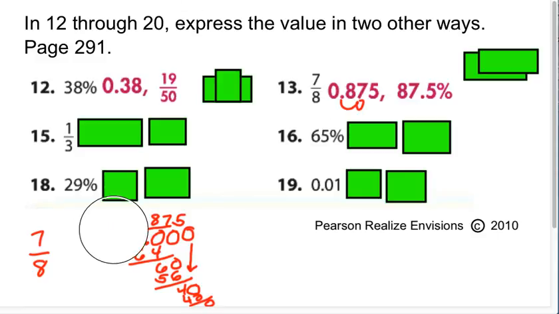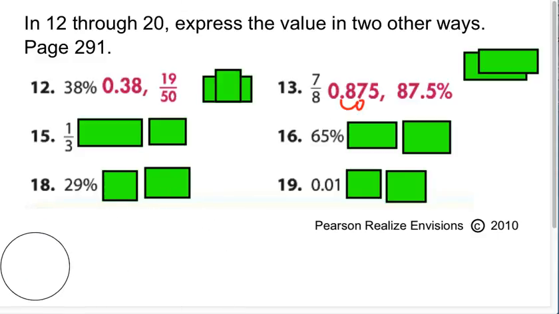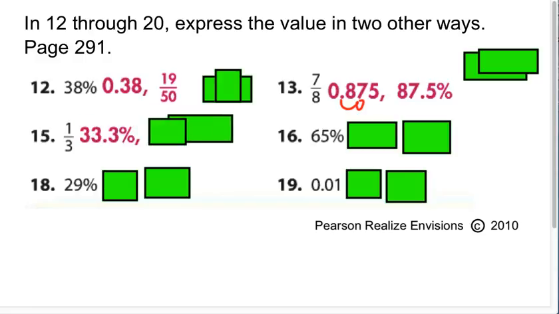Let's take a look at number 15. Okay. Problem number 15, they wanted you to take 1/3 and turn it into a decimal and a percent. As a percent, it's 33 3/10%, and as a decimal, it is 3/10 repeating.